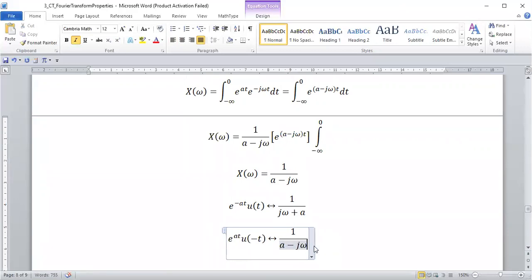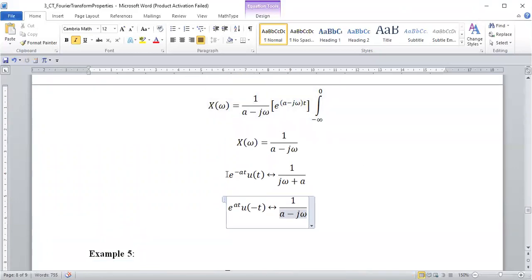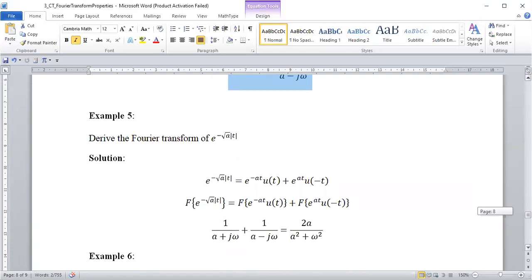That's what we are trying to prove. So a signal of this form has this Fourier transform, and a signal of this form, this is the Fourier transform. Now we use what we've gotten here in the highlighted equations to do our next example.